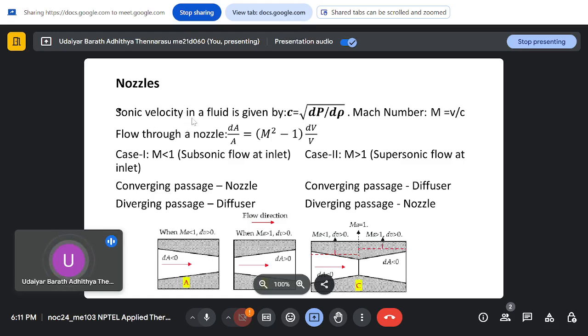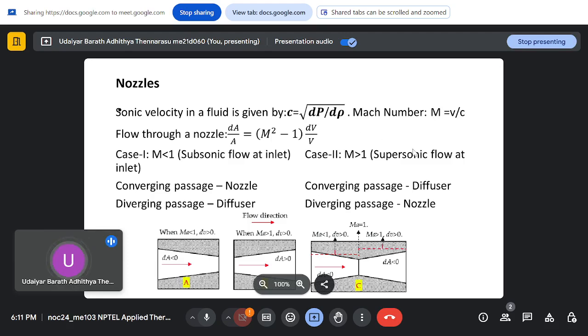So sonic velocity in a fluid is given by c equals root of dp by d rho, or for an idealized gas, root of gamma RT. Then Mach number is nothing but your velocity compared to your sonic velocity, so velocity divided by the speed of sound.